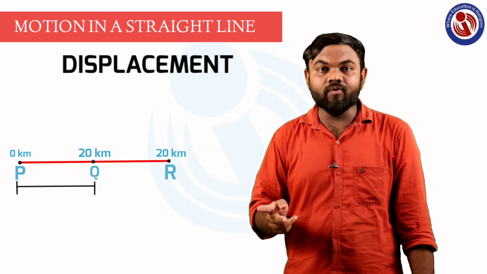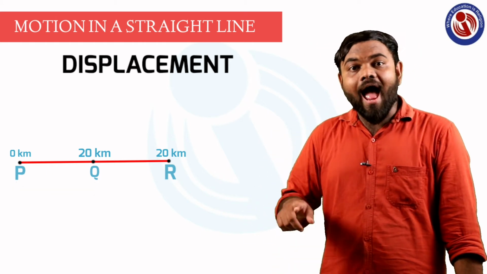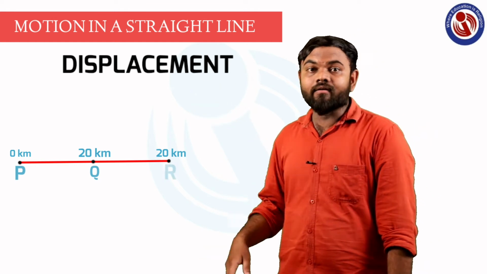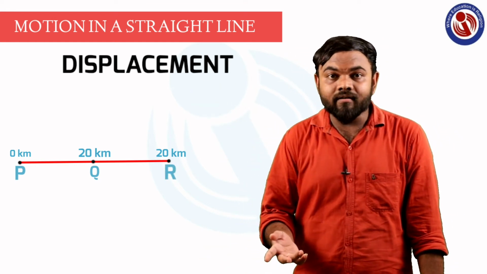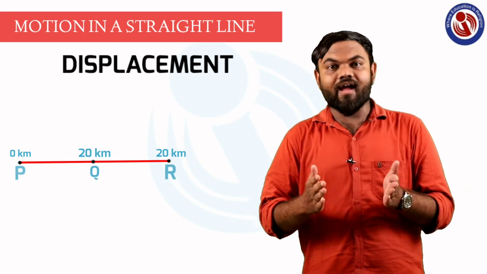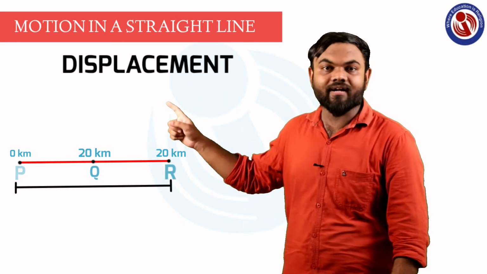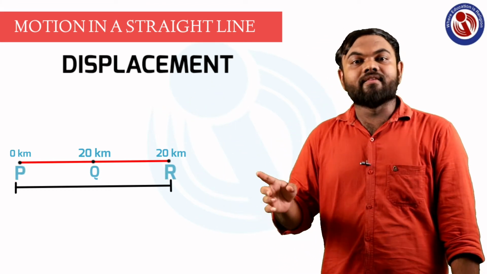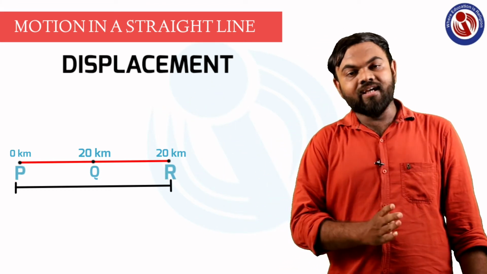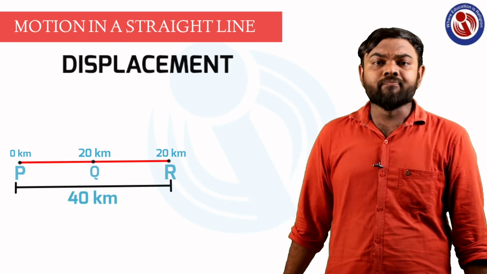Then the distance between P and Q is 20 km. Suppose the ending point is R. Now, what is the displacement? What is the ending point? R point. What is the starting point? P point. Then the distance between ending point and starting point is equal to 40 km.